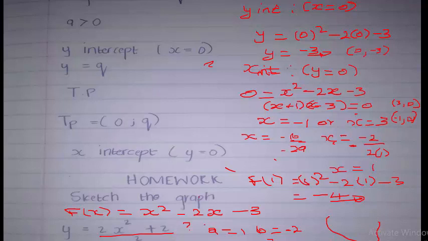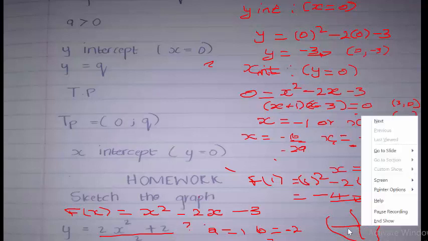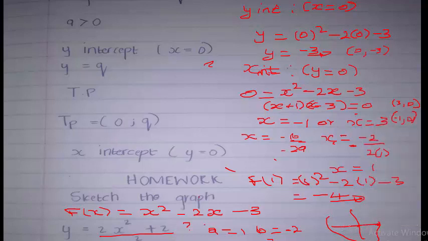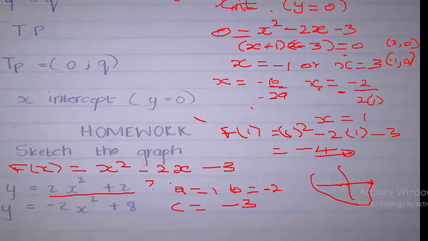You need to figure out where the points are on the graph. So let me draw a rough sketch of a graph. We start off with our axis. When we have our 3 and our naught, right? And after that we will have our negative 1 and our naught.